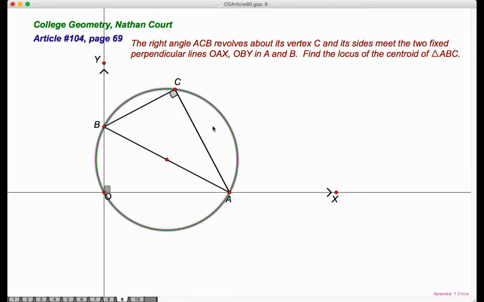And definitely this particular circle will also pass through O, because OAB is a right triangle and ABC is also a right triangle, and the vertex angle is O and the vertex angle is C in this case. Okay, and this is point M.